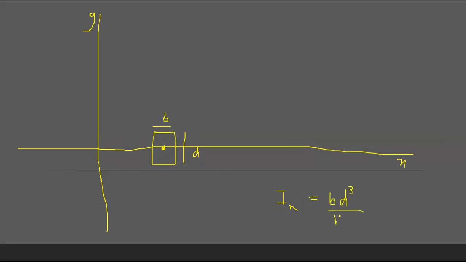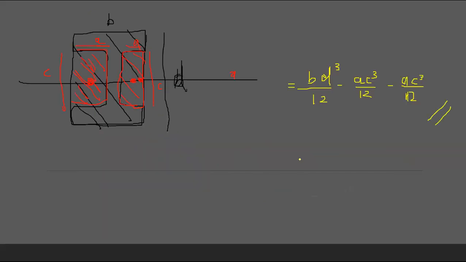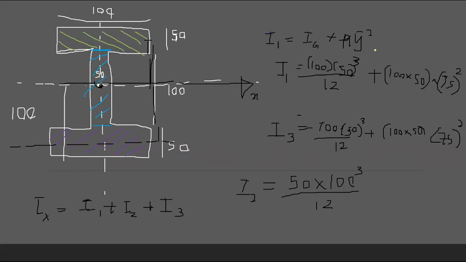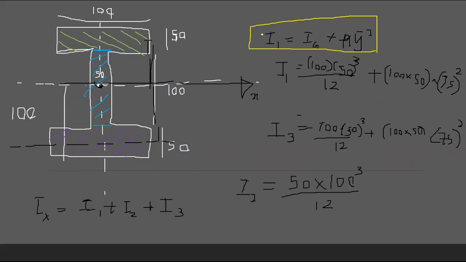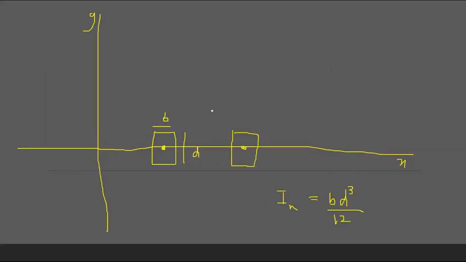BD cube over 12. What happens if I move this square along this x-axis? Nothing happens, because it is independent of the distance along the x-axis. Even if you move along the axis, this I value is not going to change, right?